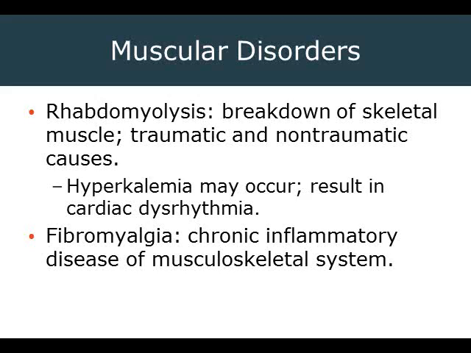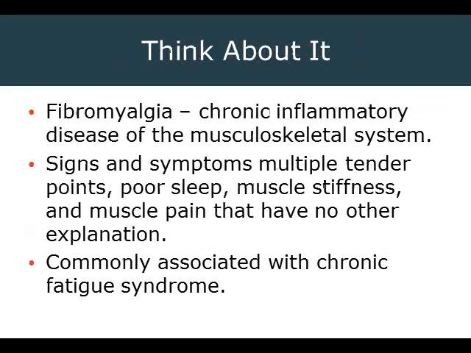Poor sleep, muscle stiffness, muscle pain that has really no other explanation. A lot of the treatments for it are still in an experimental phase. I tried some things that affect GABA to help control some of the symptoms here. Commonly associated with chronic fatigue syndrome.